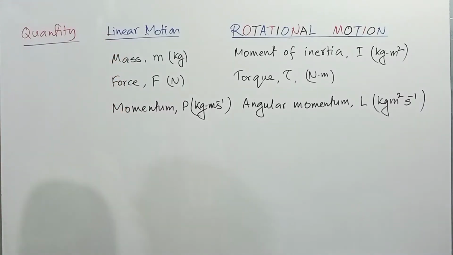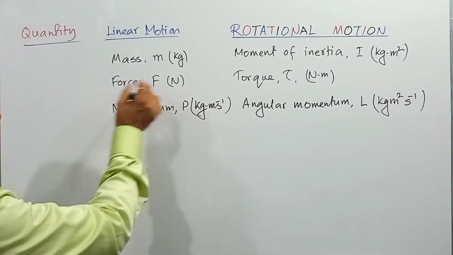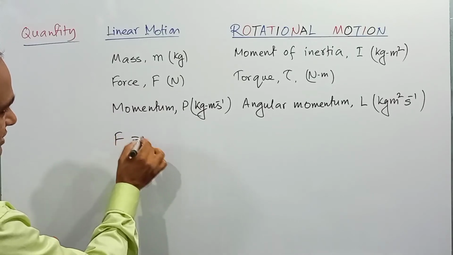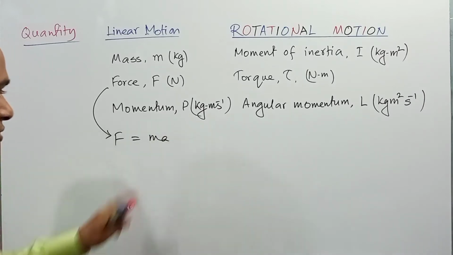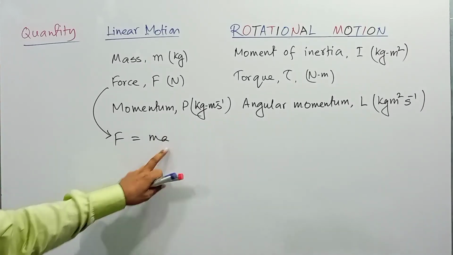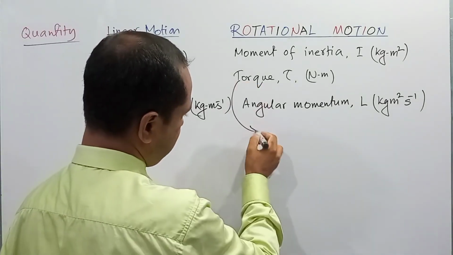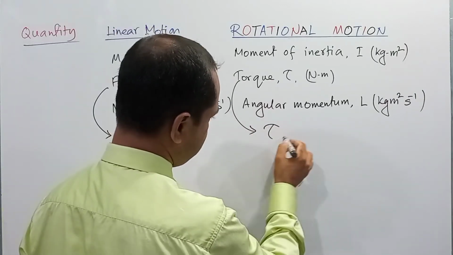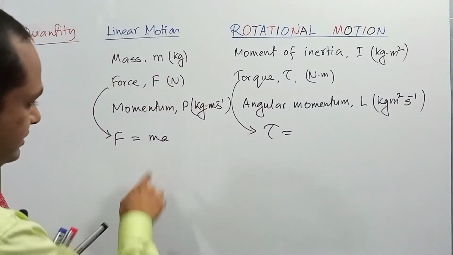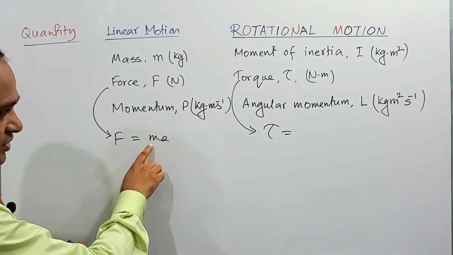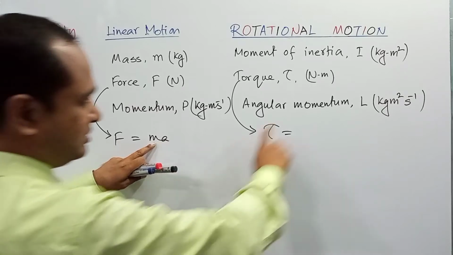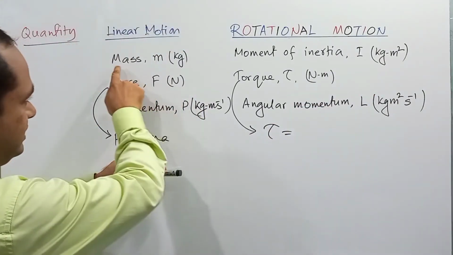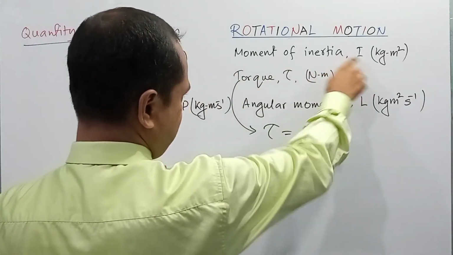Now we can see the expressions. In case of force, F is equal to ma, that is the product of mass and acceleration. In case of torque, torque is denoted by tau. So in case of rotational motion, the analogous quantity of mass will be I, the moment of inertia.